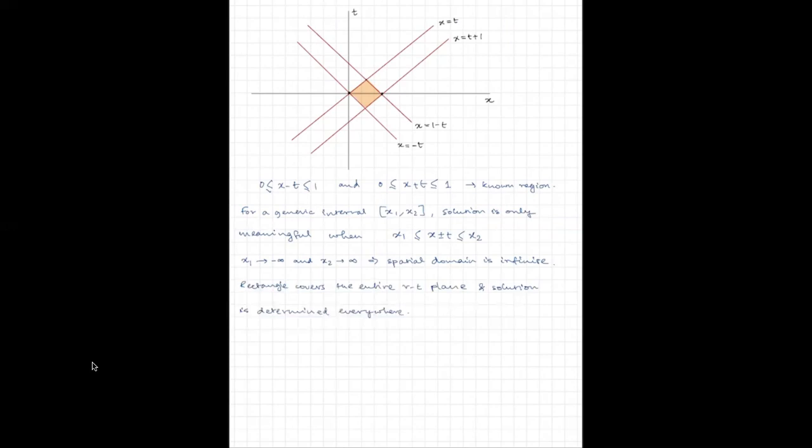So more information is required to find the full solution if x1, x2 is a finite interval.